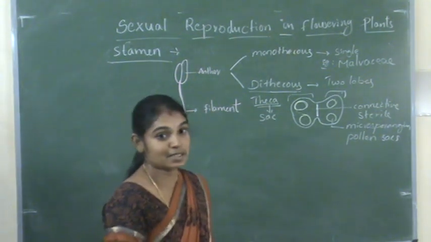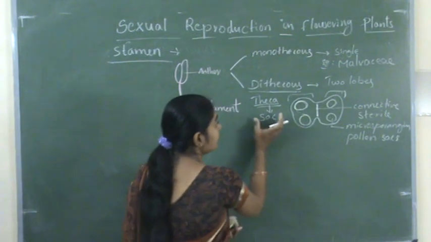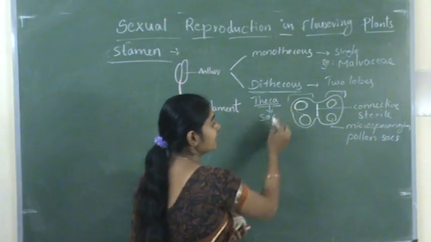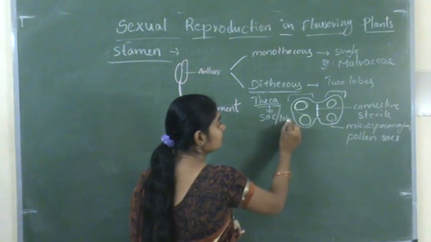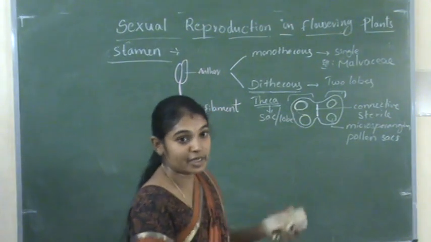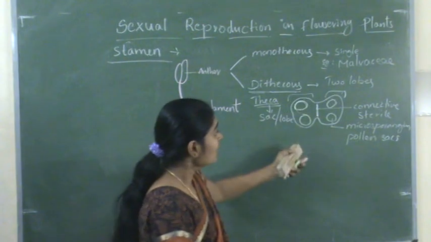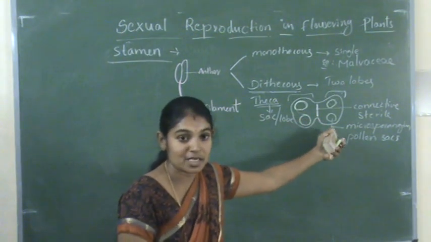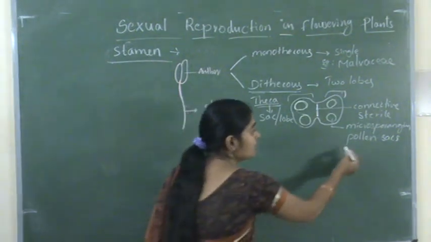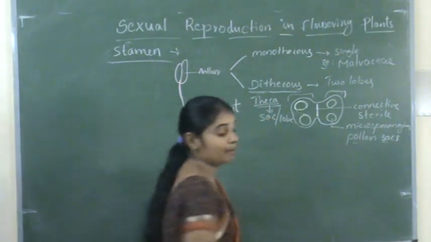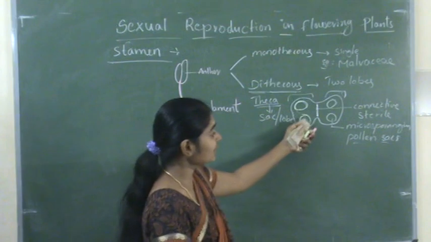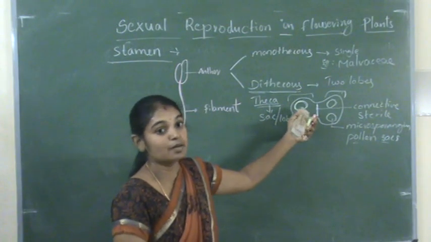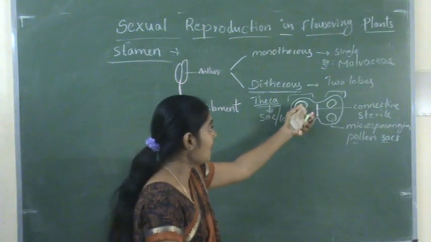Having two lobes, it is considered dithecous. In each lobe there are two microsporangia or pollen sacs present, and within the pollen sacs the pollen grains are formed.